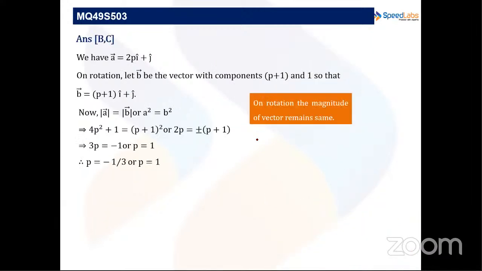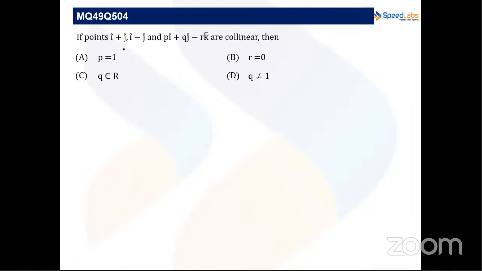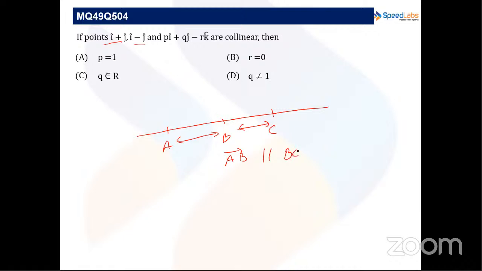Moving to the next question. We are given that the points are collinear. See, if we have the 3 points A, B and C as collinear, then vector AB will be parallel to vector BC.